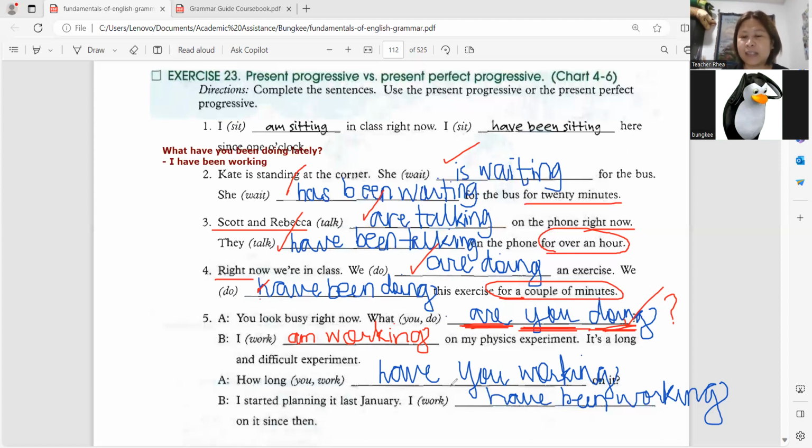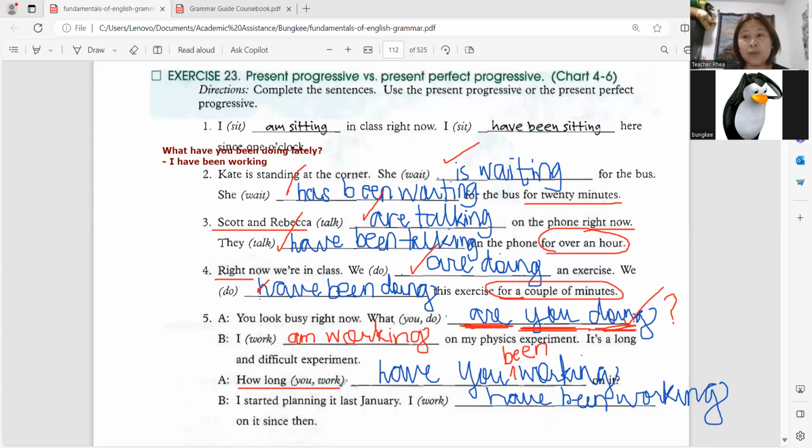So how long have you been working on it? You forgot to use the been. Have you been working on it? Yes. So how long have you been working on it? This asks about the duration, the length of time.